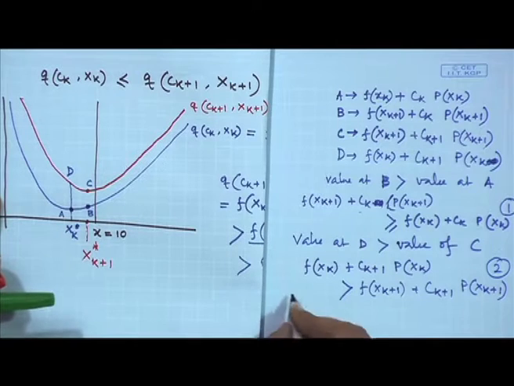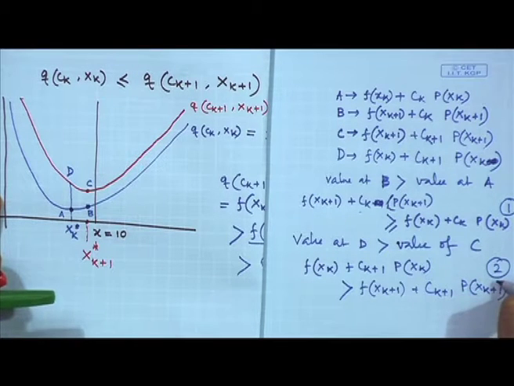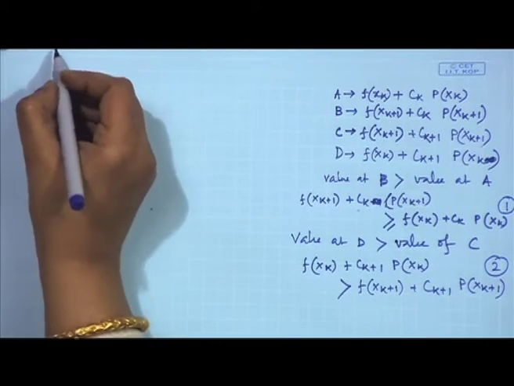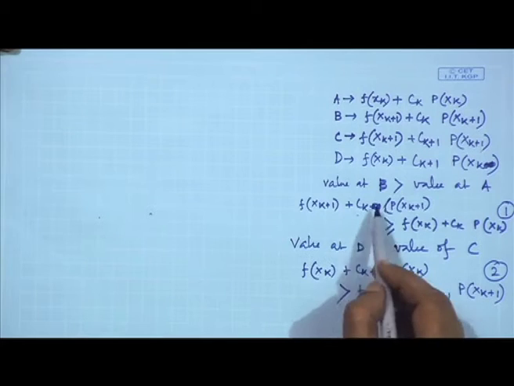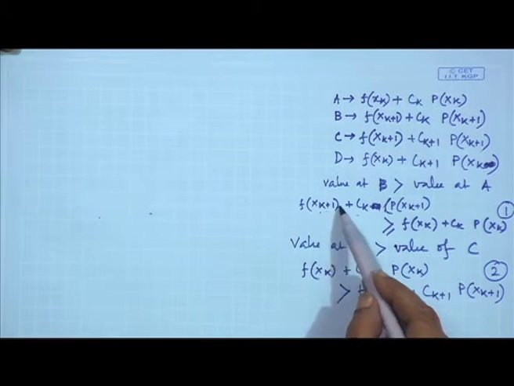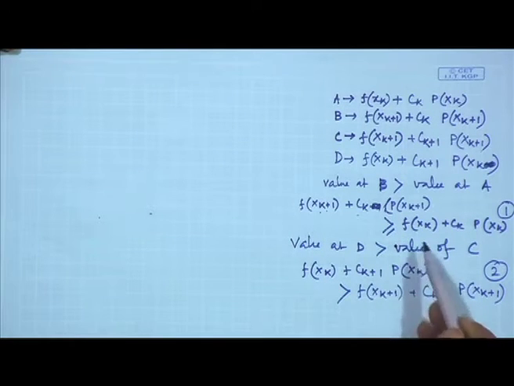Okay. Now, you add 1 and 2 together. If I just add 1 and 2, what we are getting, you see, this part will cancel, f(x_{k+1}) and f(x_k) will cancel each other.